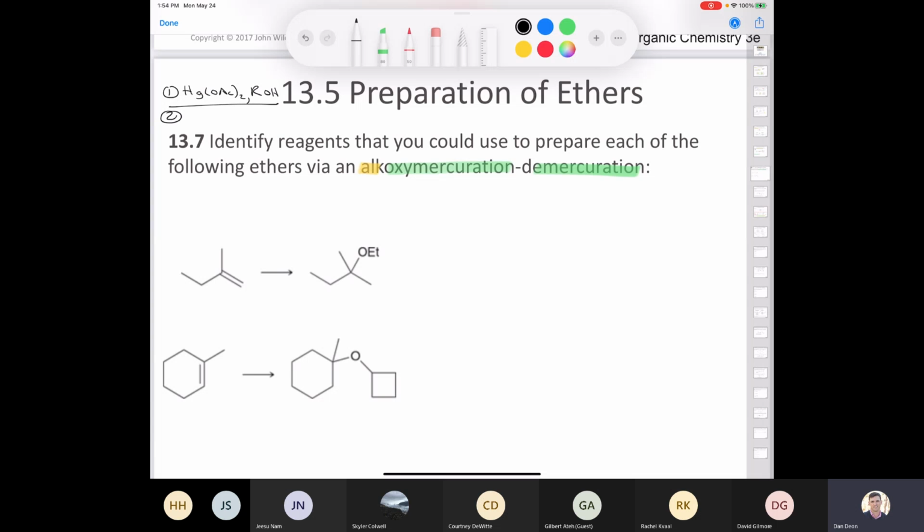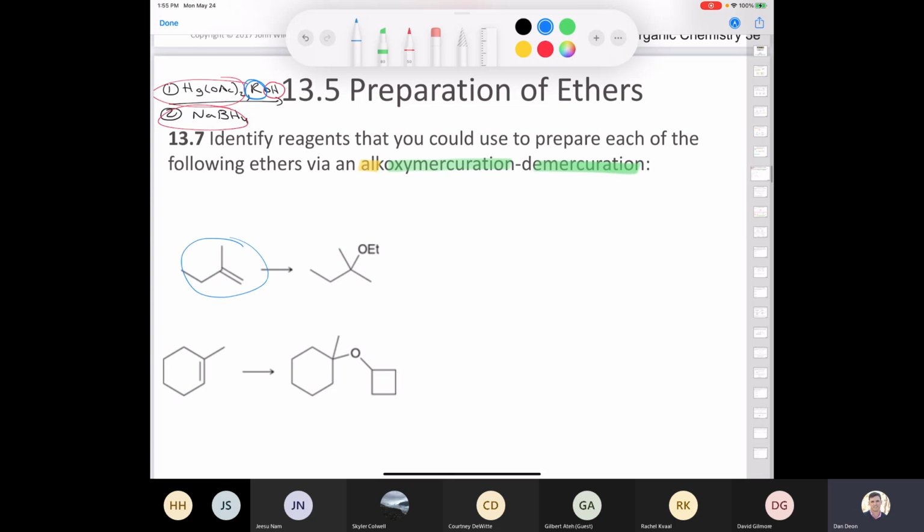And then in the second step, we're going to use sodium borohydride. In both of these questions, this part doesn't change. The only thing that you need to identify is what the R group is going to be for your alcohol. Well, with this alkene, if I'm adding an ethyl group and an oxygen, my alcohol will be ethanol.